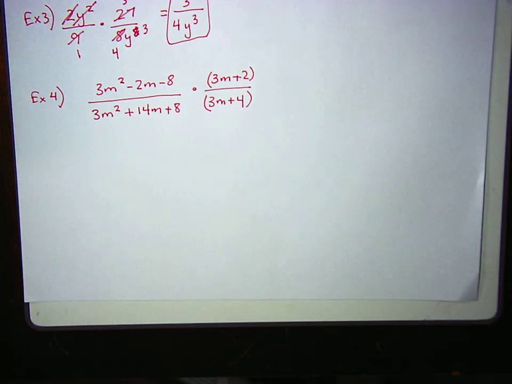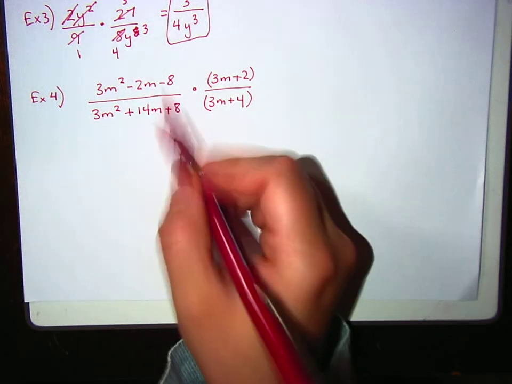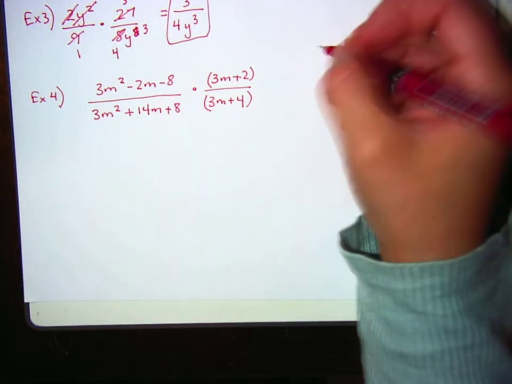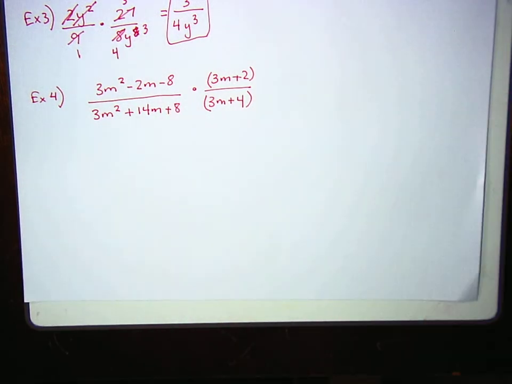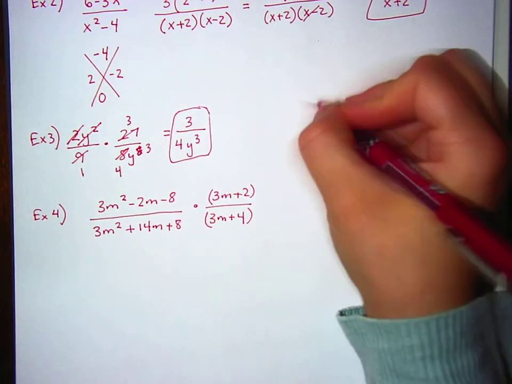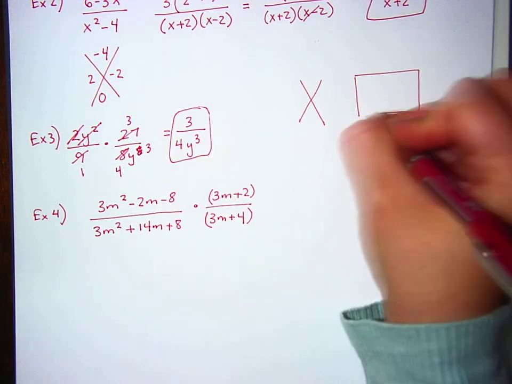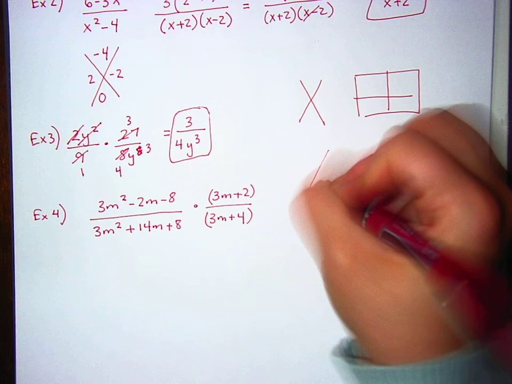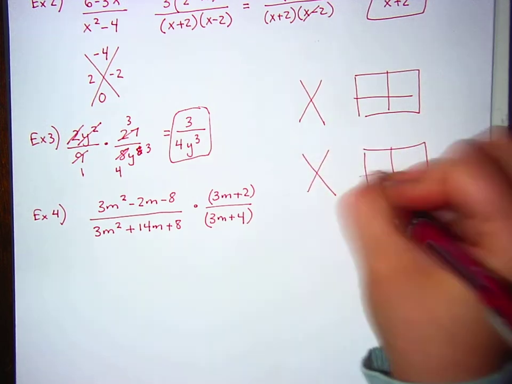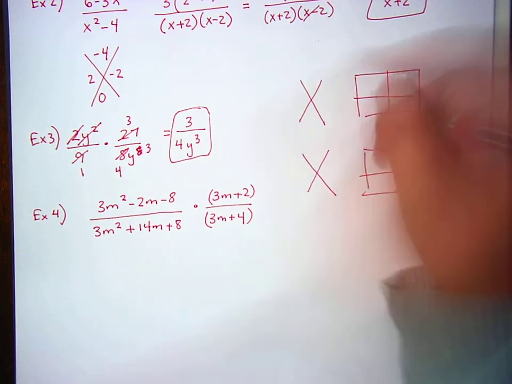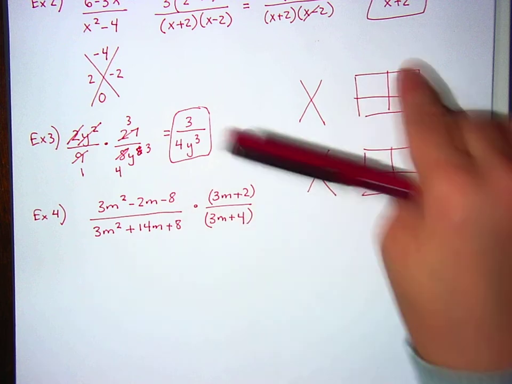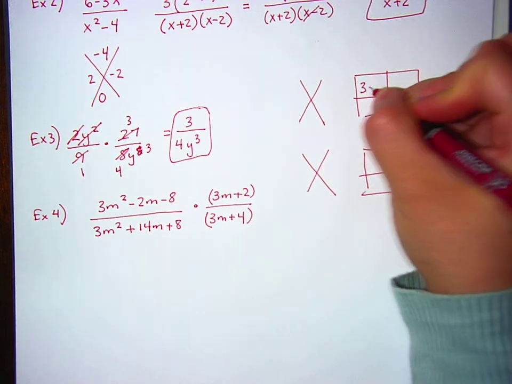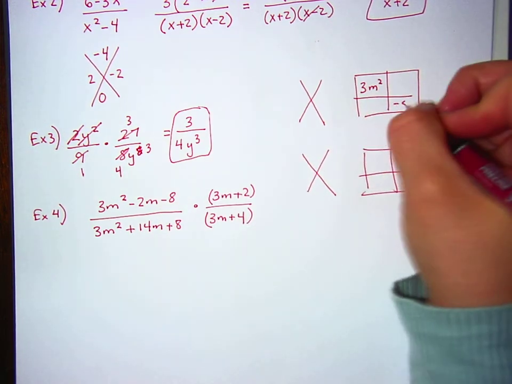I know that both of these look to me like they are Xbox problems, so I'm going to do those over here on the side. Maybe I'll do them up here a little bit. So I'm going to do this top part left up here. 3m squared, -8.